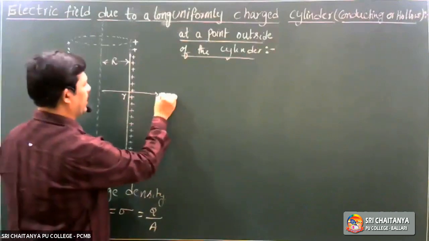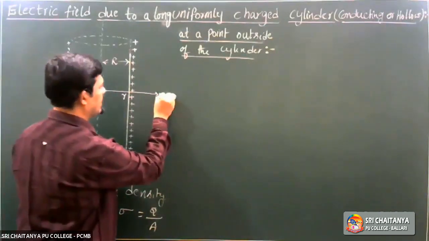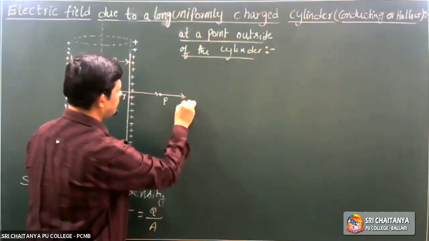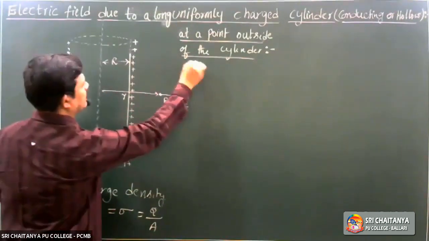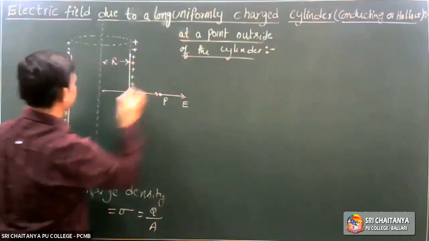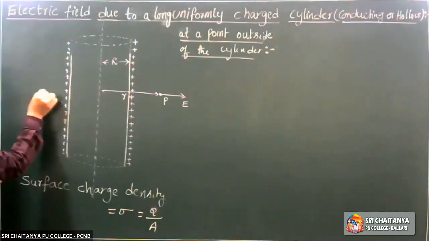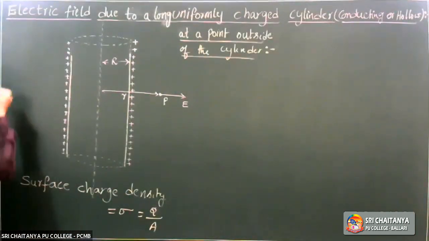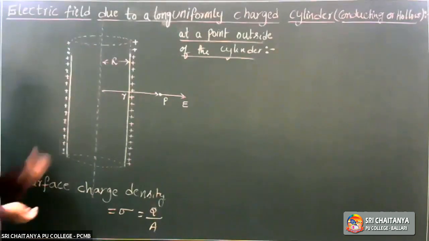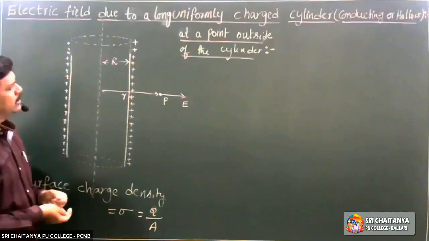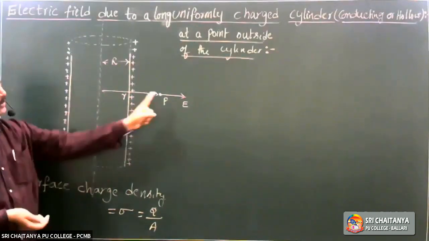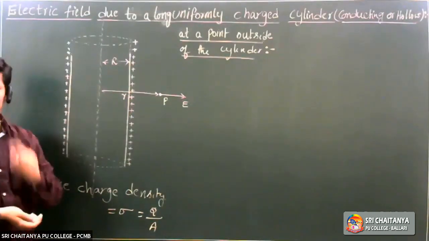At every point, it is in this direction. So it is radially outward, right?